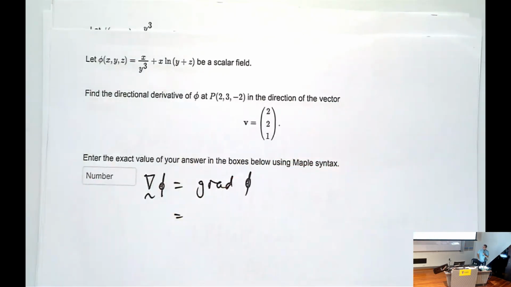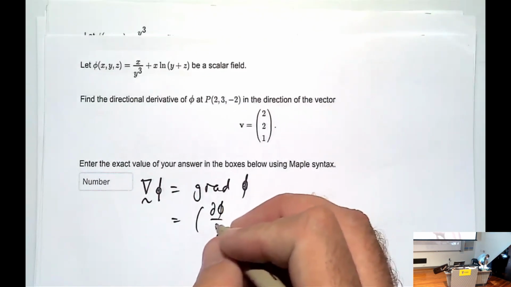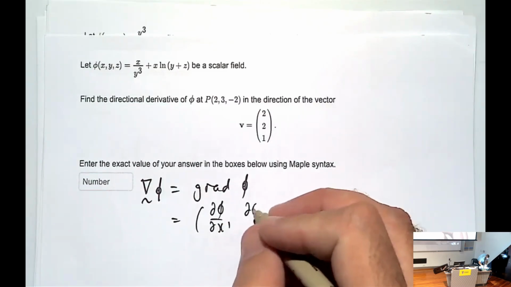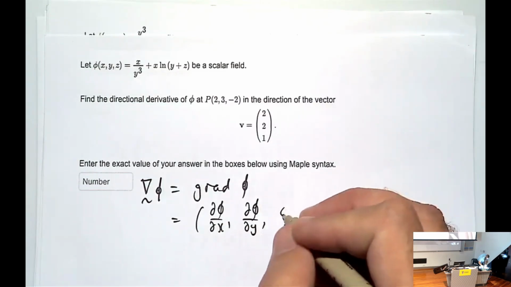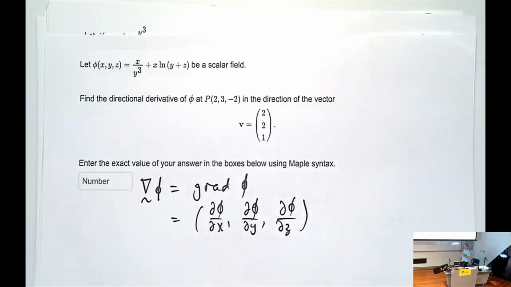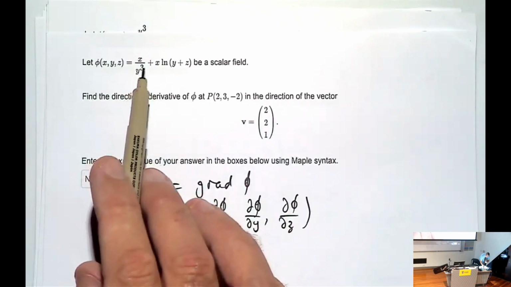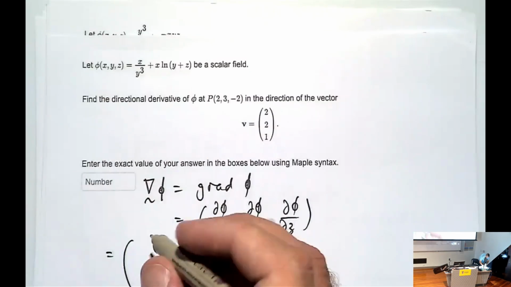So for that we differentiate and form a vector. So 3 components, 3 derivatives. Let's work it out. The first component's going to be something like 1 on y cubed plus log of that mess.